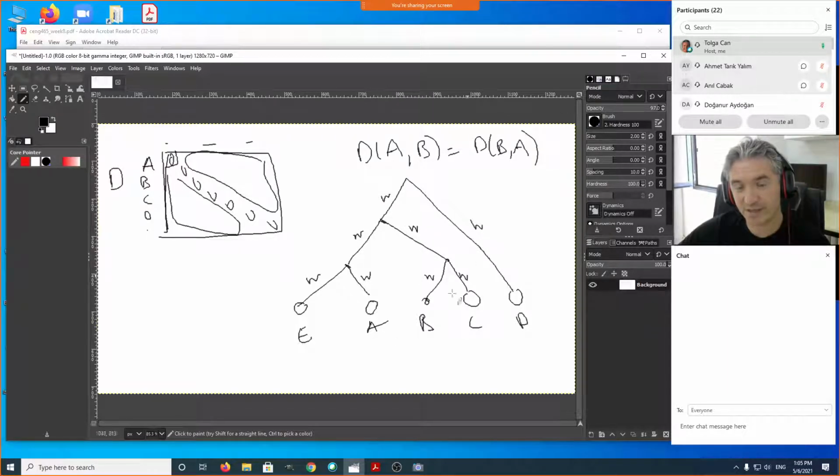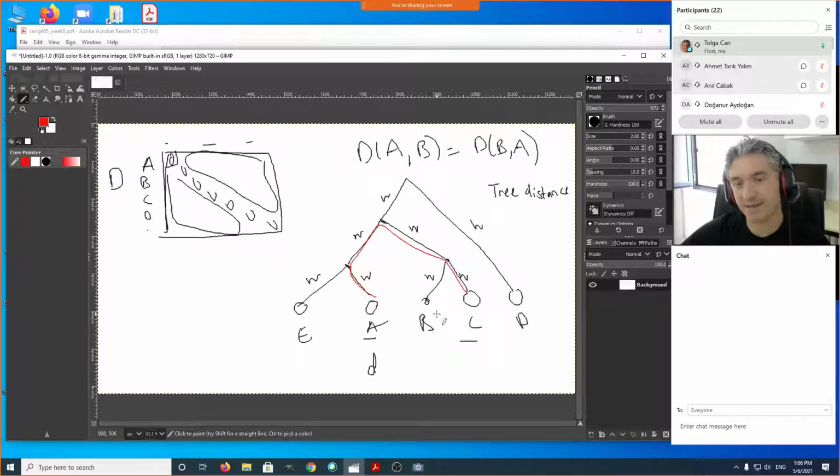There are going to be weights here, and our goal will be to have the tree distance. The tree distance between two species on this tree is equal to the summation of edge weights along the unique and simple path between the two species. For example, what is the path between A and C? The path between A and C is this unique path. I call this a simple path.